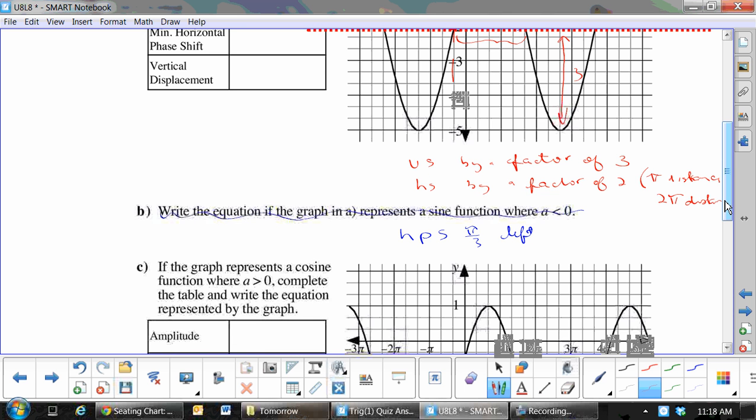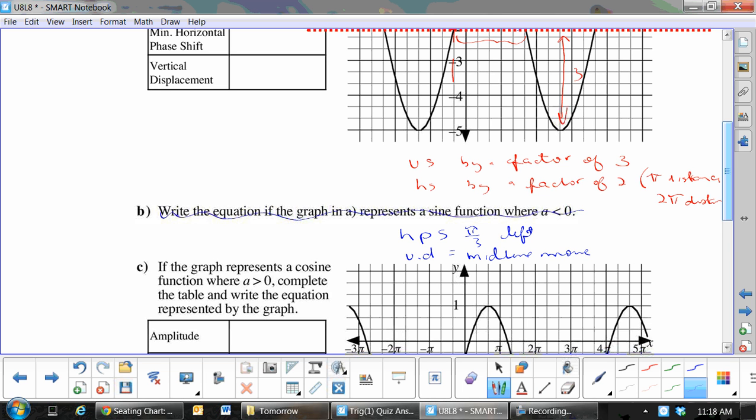Now, 1 unit, one of the pi over 3 to the left, one of the increments. And how about vertical displacement? Now it's nice because now we have D, so D matches. The vertical displacement is how much did the midline move?